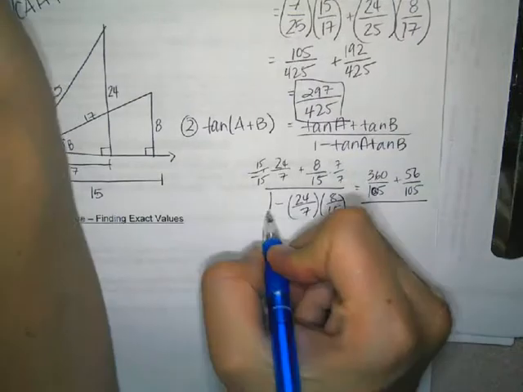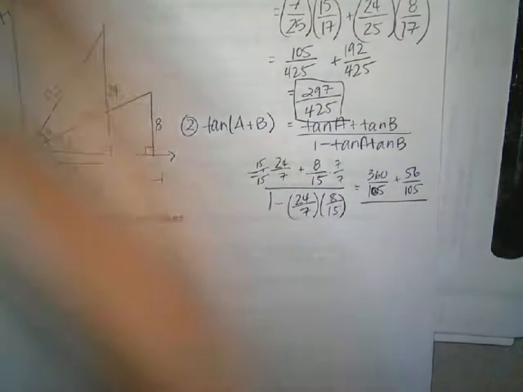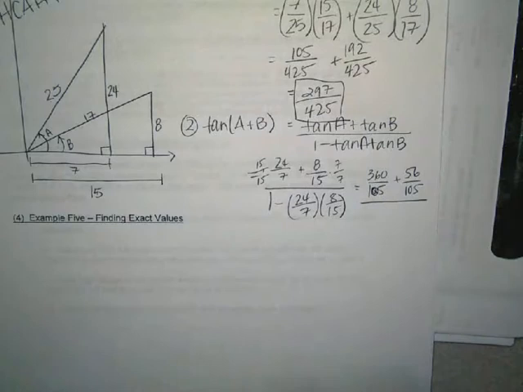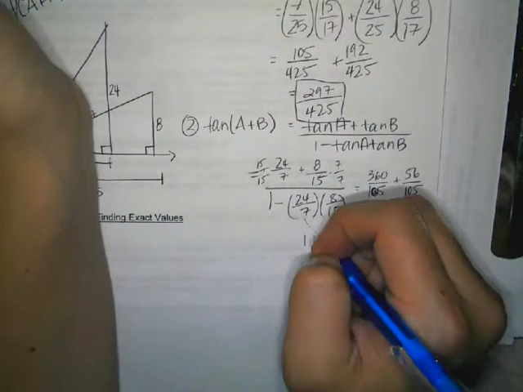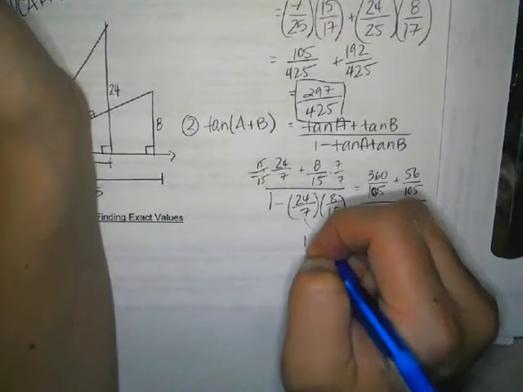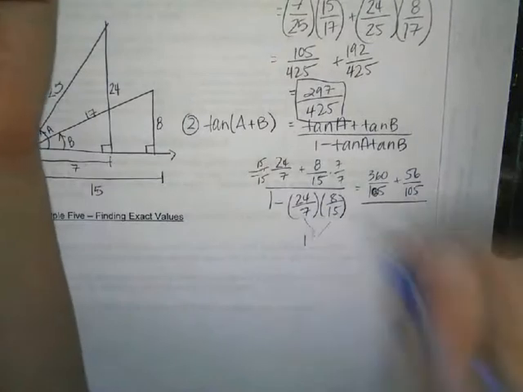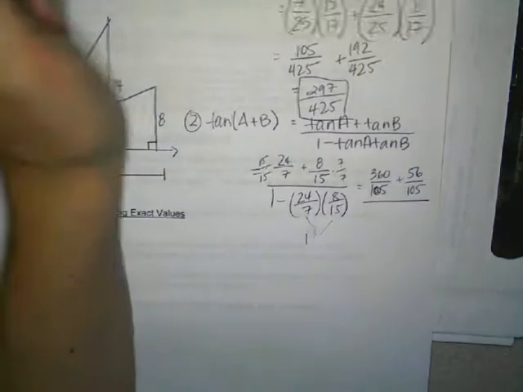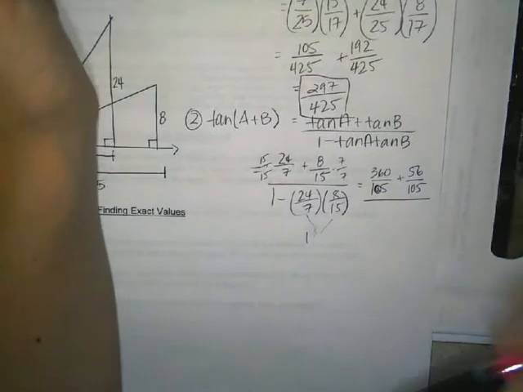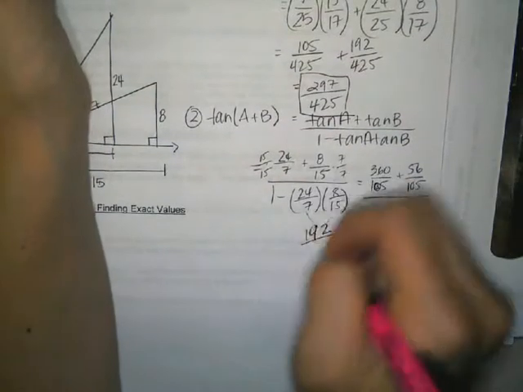Then down here, you have 1 minus this here. Let's actually multiply those together. So this would become 192 over 105.